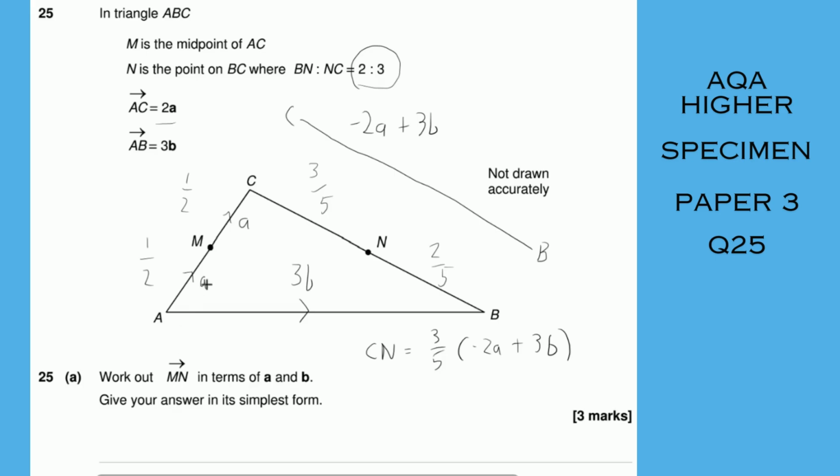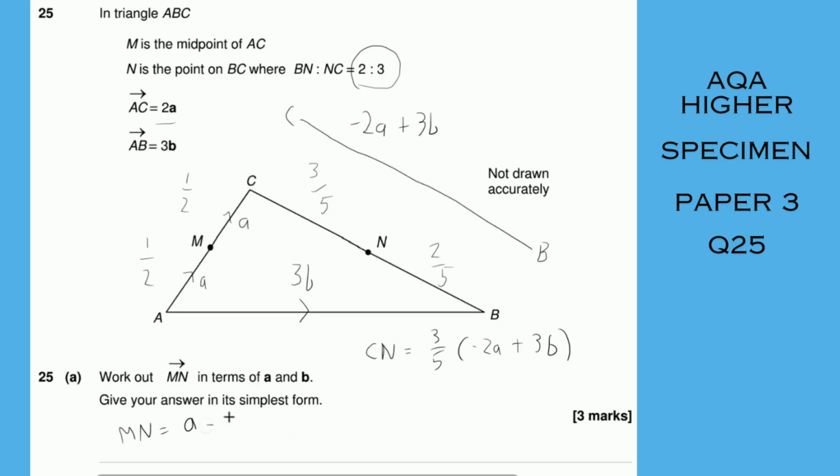So if we want to travel from M to N, we're going to first of all go just a little a. That's the easy part of the journey. But then we're now going to need C to N. So let's now bring in this, expanding the bracket as we go.